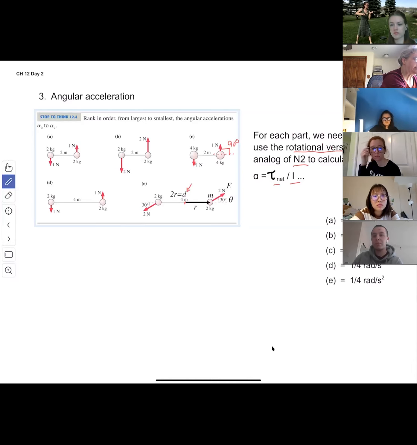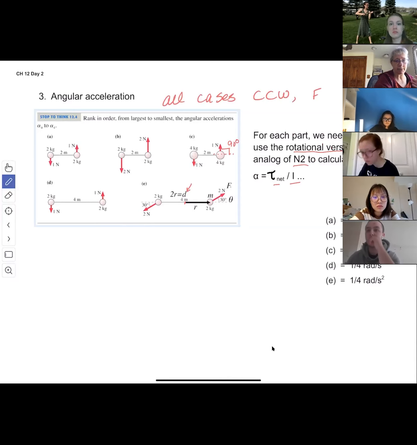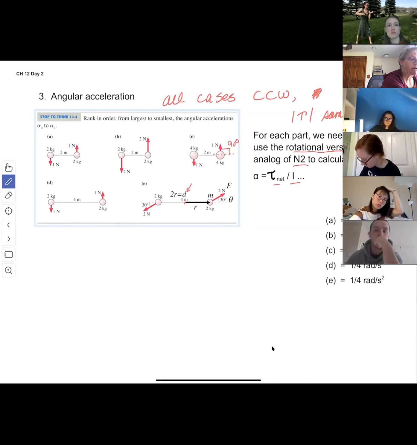So in all cases here, they're all counterclockwise. And in all cases, the force on each side is causing the same size of torque. So the magnitude of the torque is the same for both forces in each diagram.